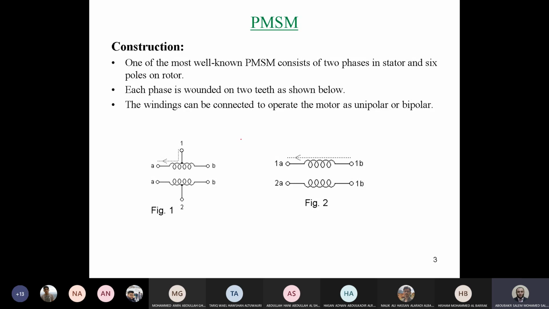The windings can be in one of these shapes.